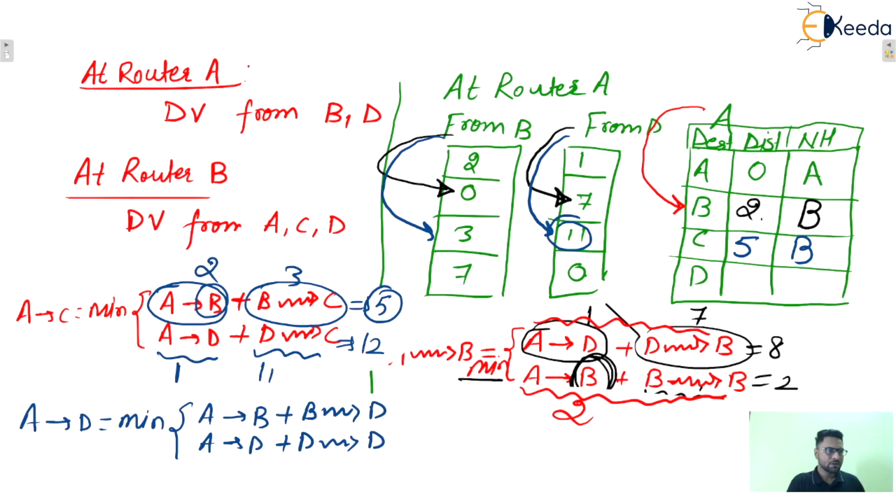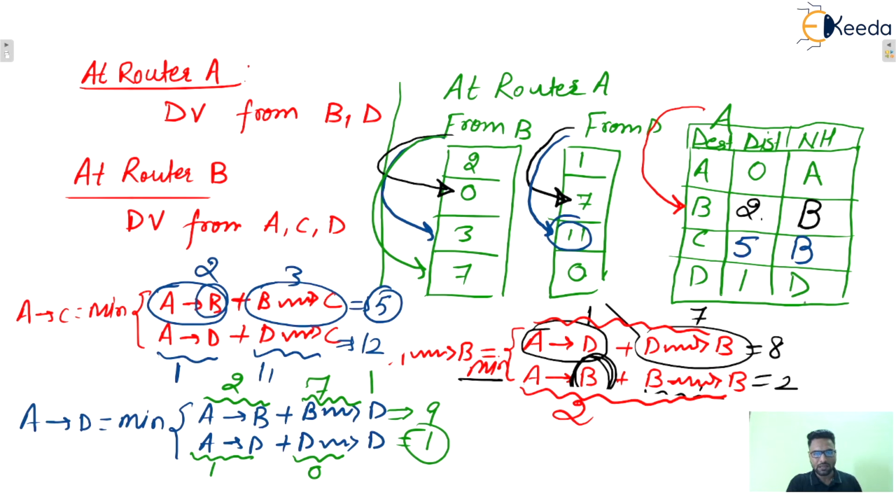So here A to B distance is the direct distance 2, and B to D distance we will see from the distance vector of B, that is 7. So 7 plus 2, it is going to be 9. A to D direct is 1, and D to D will be 0. So the minimum will be 1. So we will take this minimum, this one will be 1, and the next stop will be D.